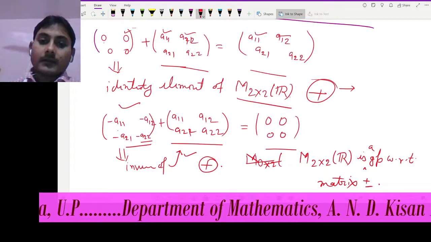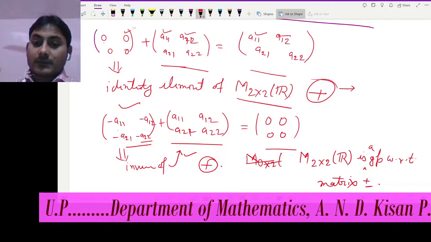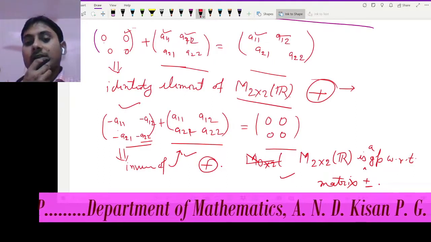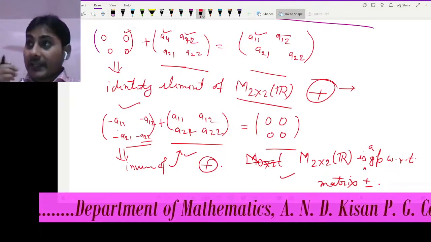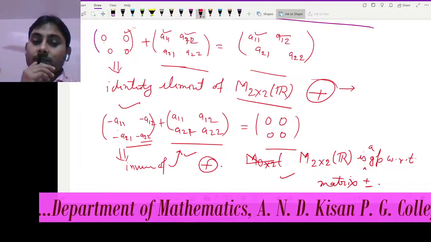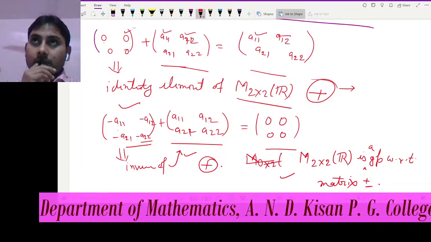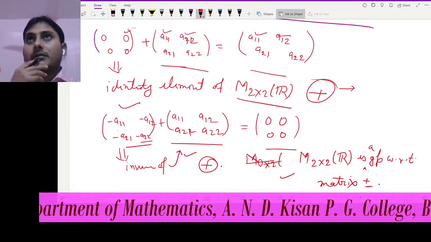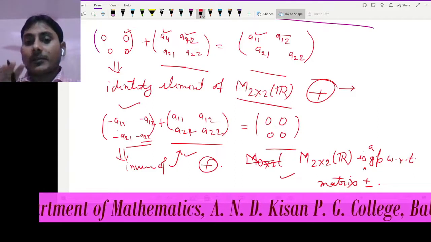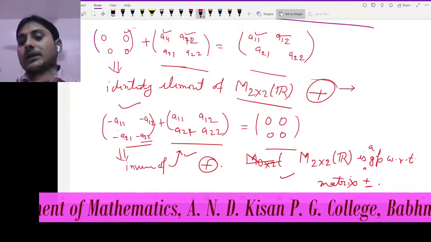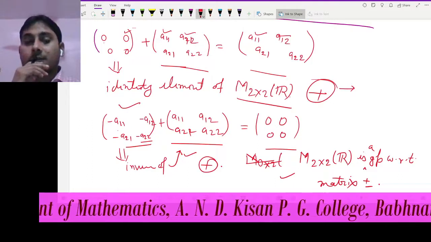So this particular collection is a group. My question is whether it is an abelian group with respect to this matrix addition or not.